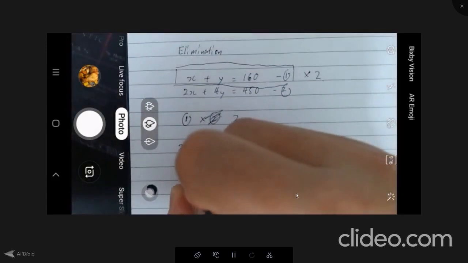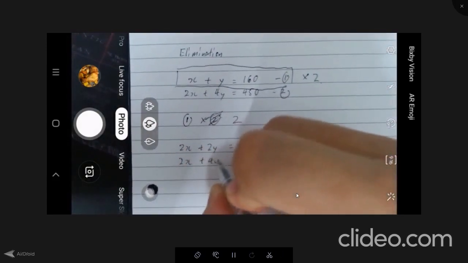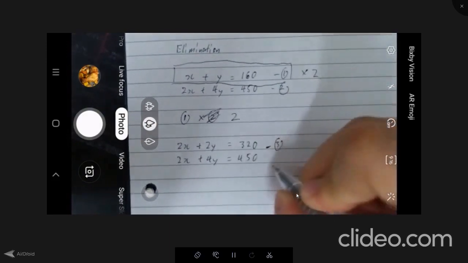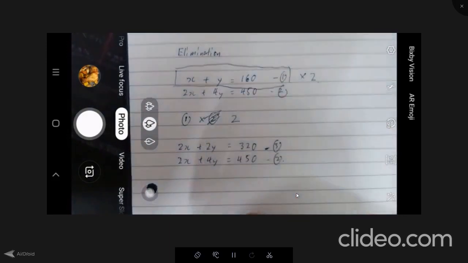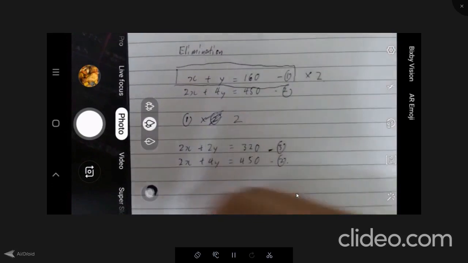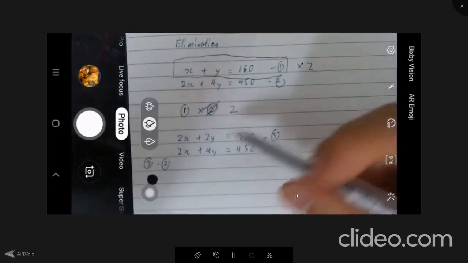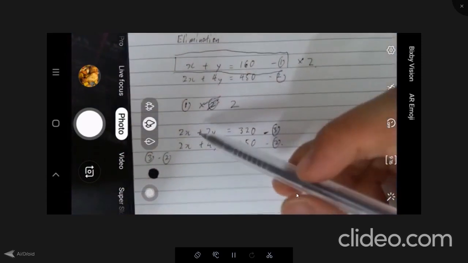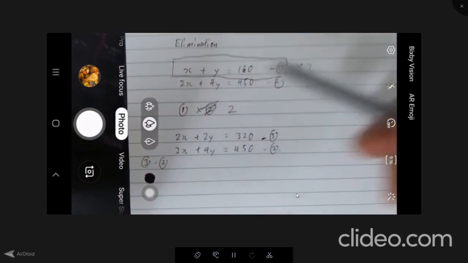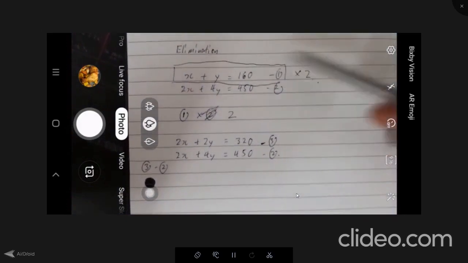Now let me rewrite equation 2 up here: 2x plus 4y equals 450. Equation 2. So what we do next is equation 3 minus 2. Now you notice why we call this elimination, why we make it the same.